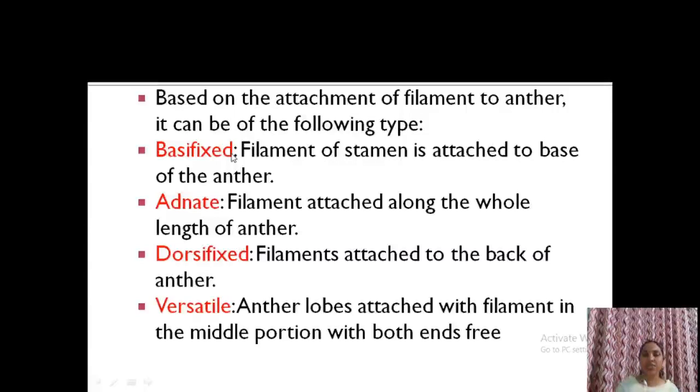What is basifixed? The filament of the stamen is attached to the base of the anther, as you see in the first slide. That is basifixed. Now, when the filament is attached along the whole length of the anther, you call it adnate. Along the whole length is adnate, base is basifixed. What is dorsifixed? If the filament is attached on the back of the anther, that is dorsifixed.